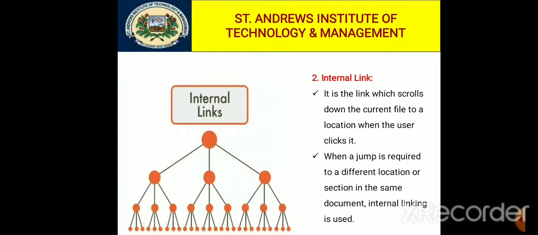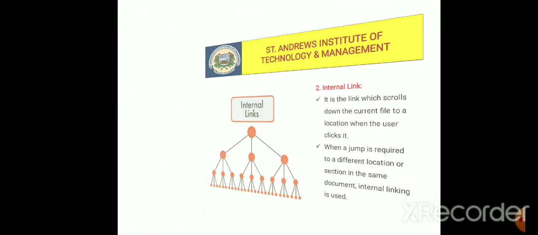When a jump is to a different page or document, an external link is used. To insert an internal hyperlink in the document, the name property of the anchor tag is used.